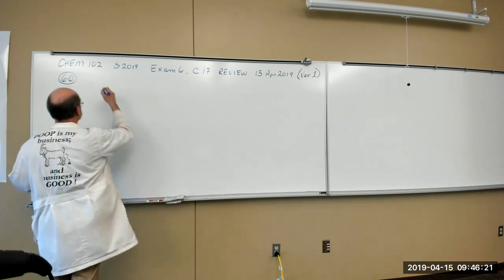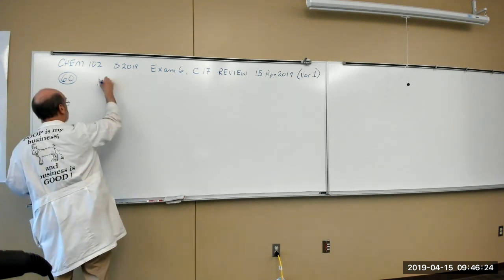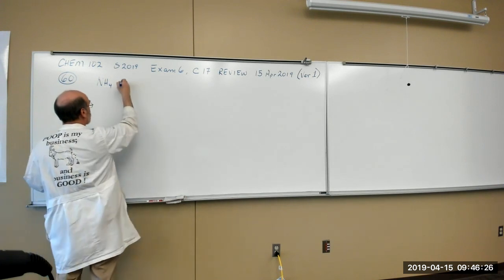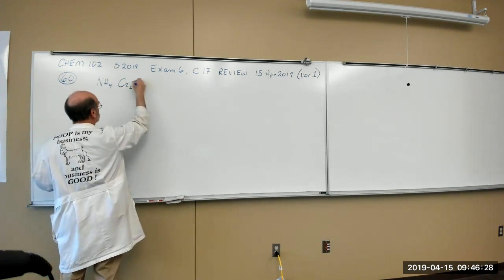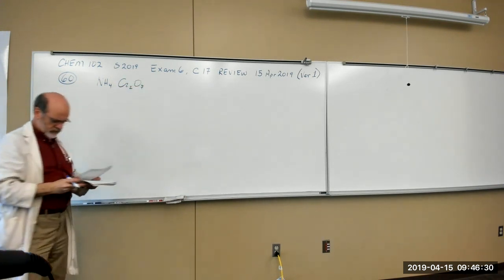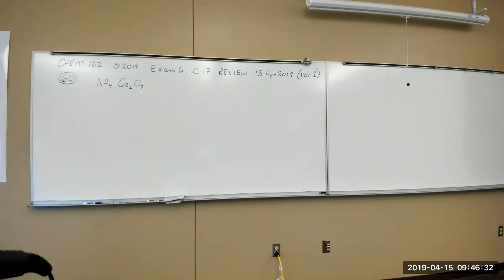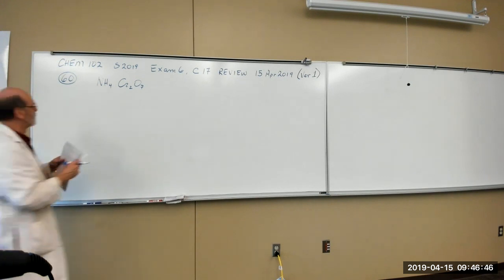Ammonium dichromate. So you've got to be able to write that. Ammonium, and then dichromate. And that should be in useful information, polyatomic ions. If it's not, I'll have to give it to you. It's not. Okay. So you're within your rights to ask me what it is.